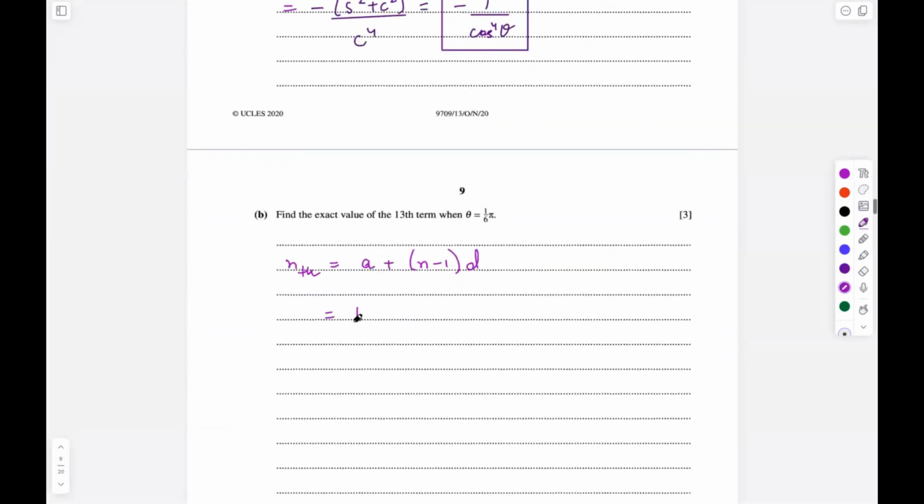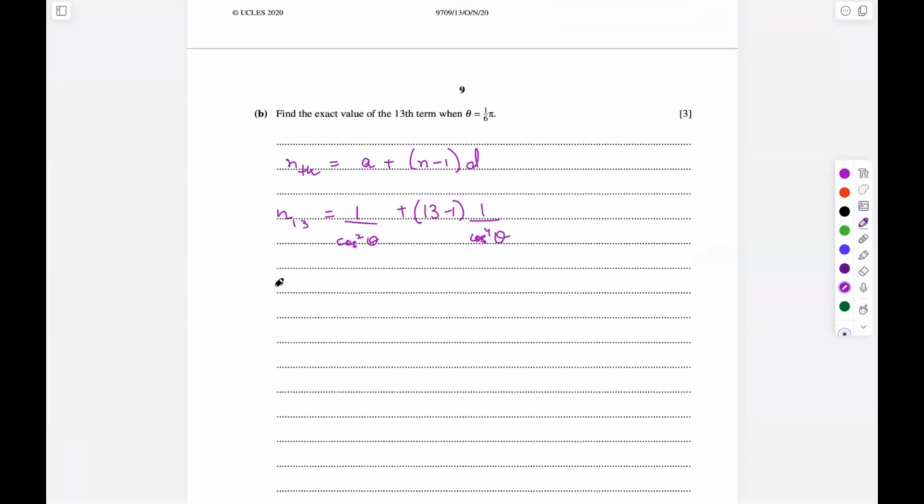So we can write it as 1 upon cos squared theta plus n minus 1, so that will become 13 minus 1 into d, which is 1 upon cos to the power 4 theta. Now to find the 13th term, we know that the value of theta is 1 upon 6 pi. So this will become 1 upon cos of 1 upon 6 pi whole squared plus 12. And in the denominator, we have cos to the power 4 theta.